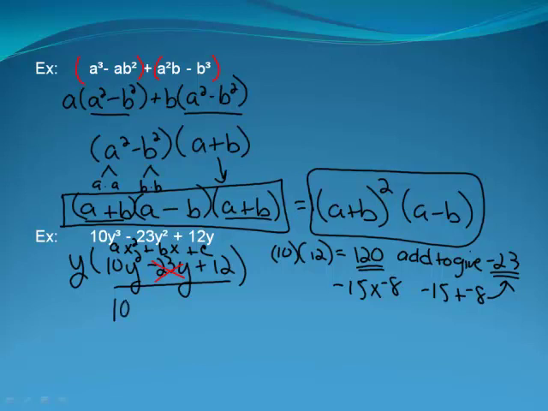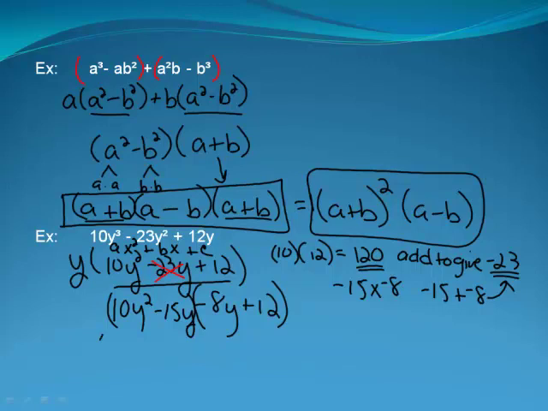So you're going to rewrite the problem, 10y squared minus 15y minus 8y, or plus a negative 8y is fine, plus 12. Then we're going to group in pairs. Remember that if there's subtraction, you've got to include that subtraction in your group. Factor each group.